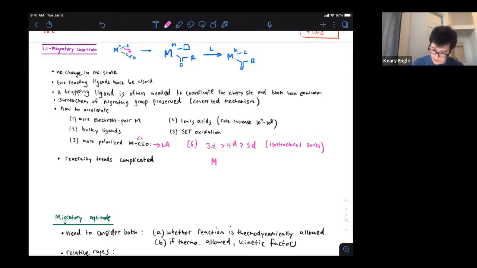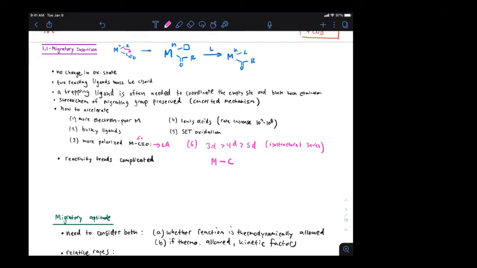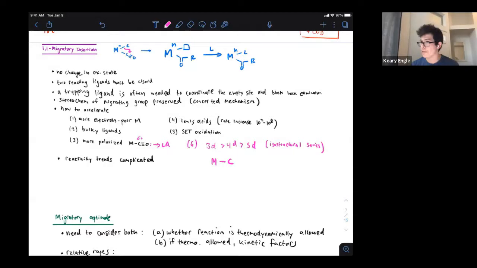explanation. There's also a significant, it turns out, thermodynamic component to the answer, even though the question is about kinetics, namely that, as we saw, 3D metals form much weaker bonds with organic fragments than do 4 or 5D metals. And this leads to ground state destabilization.